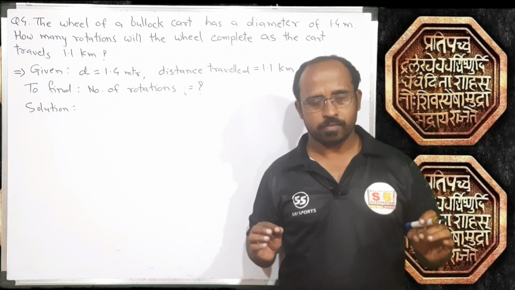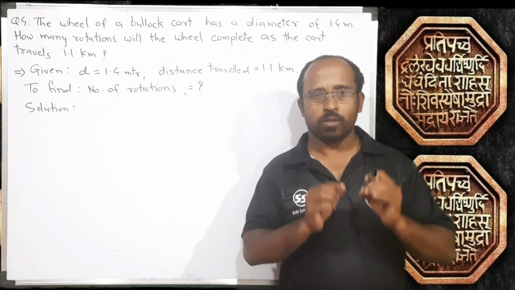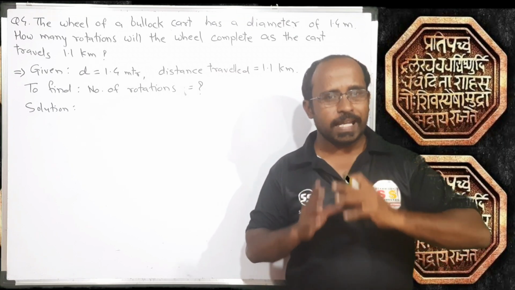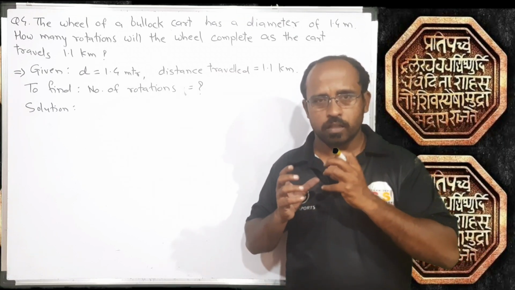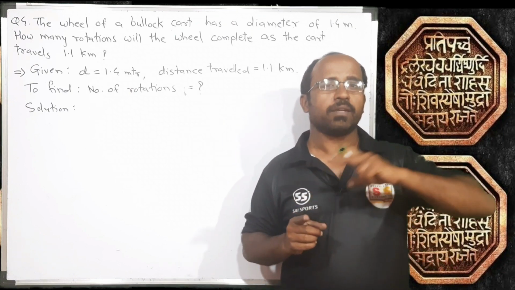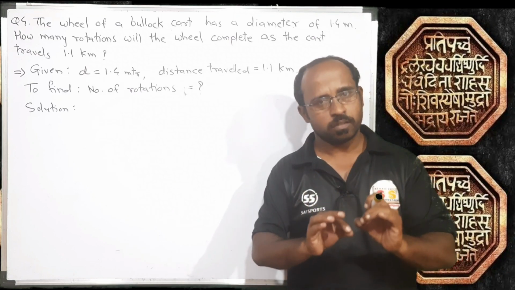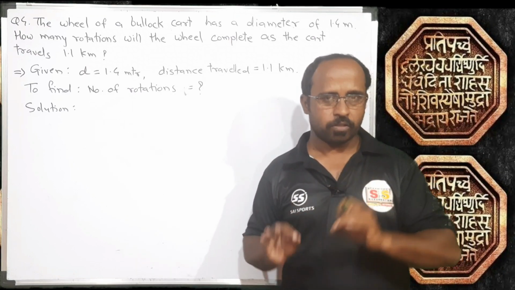For any wheel, either it may be a bullock cart, a scooter or two-wheeler or whatever, the distance completed by that wheel in one rotation is equal to the circumference of that wheel.